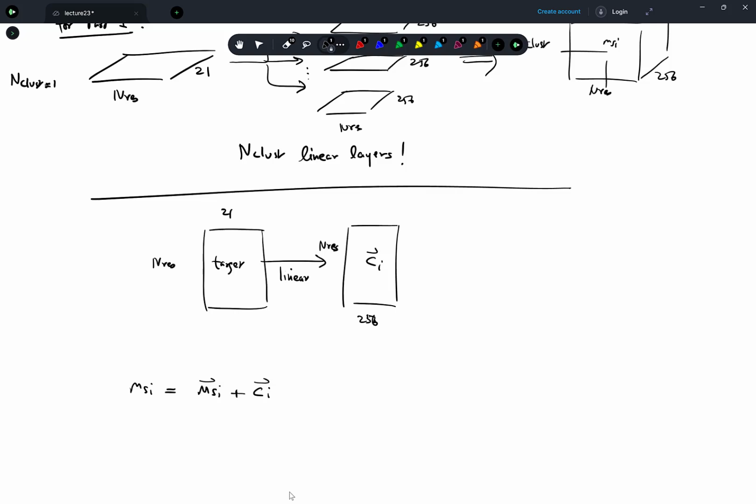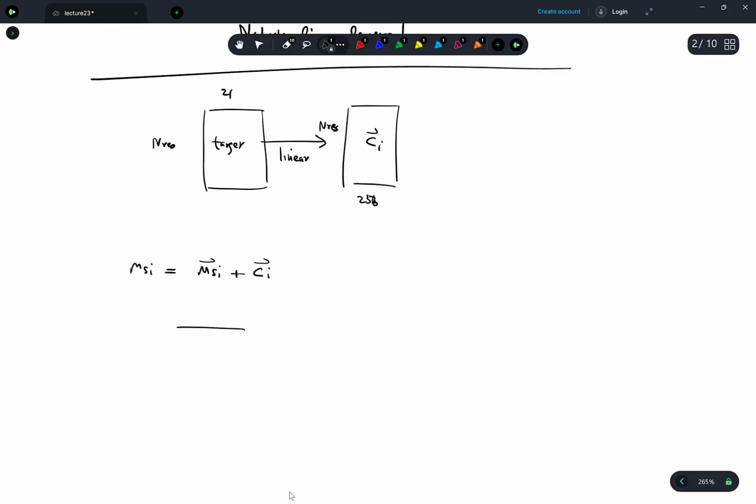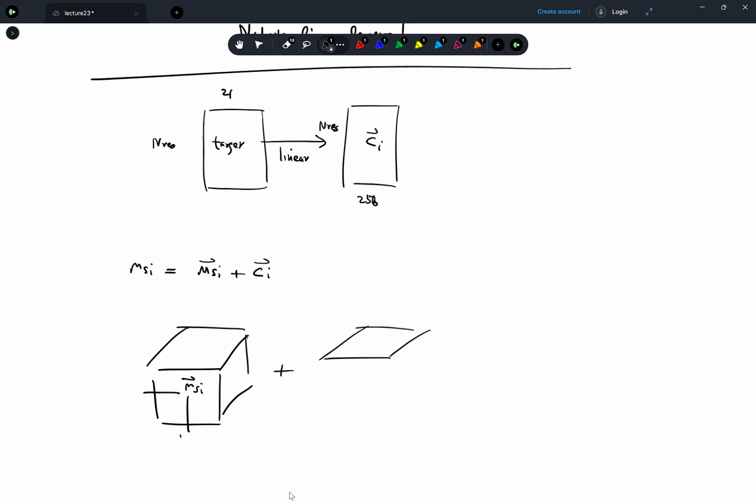Graphically, this means that you take your MSI, plus you add in, this is the I dimension, the I by 256, and you do it like a stack of this, conceptually, nseq times.